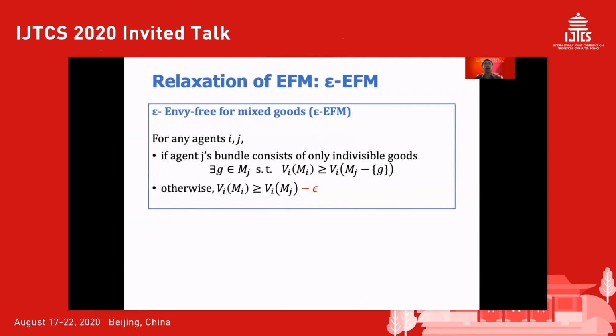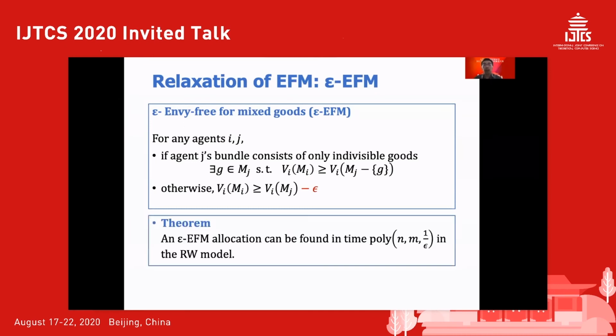So here we define an epsilon envy-free for mixed goods fairness notion. This notion is almost exactly the same as the EFM notion, except that in the second case, when a player's bundle has any amount of divisible goods, we can have an approximation, an error of epsilon on this side. So this is an approximated version.